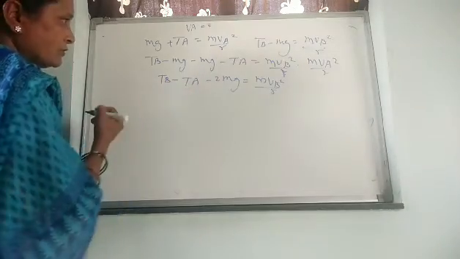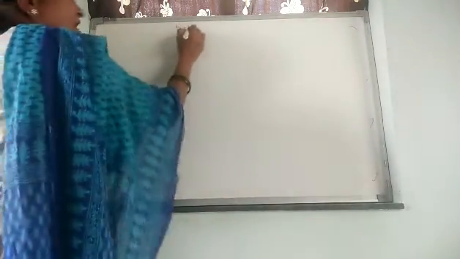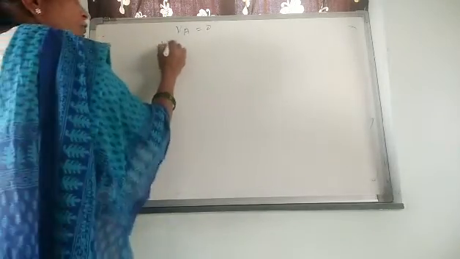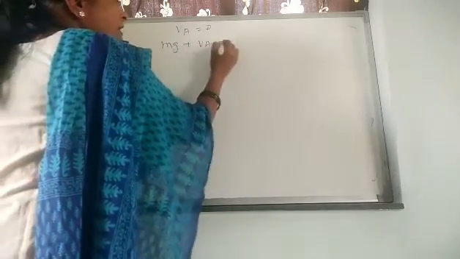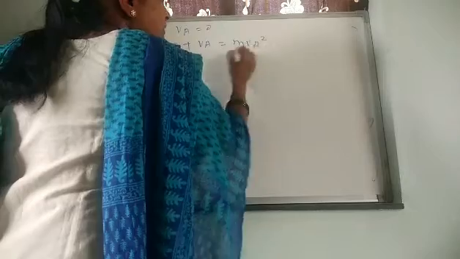Here in this case we have to see that if the rod is rigid, then Va is equal to 0. If Va is equal to 0, mg plus Ta is equal to m va square upon r.